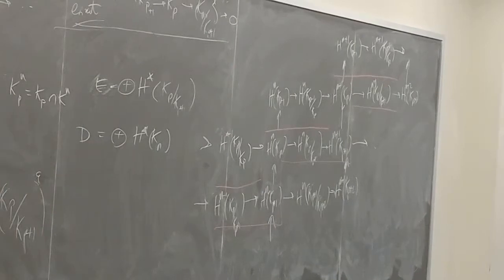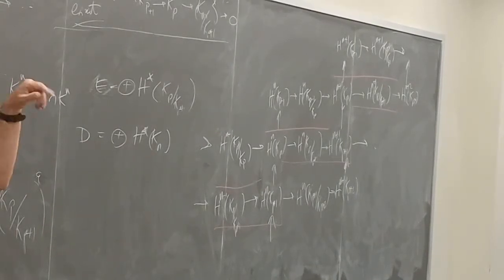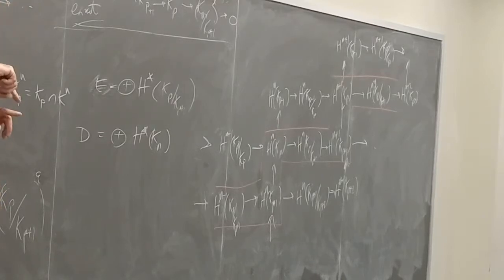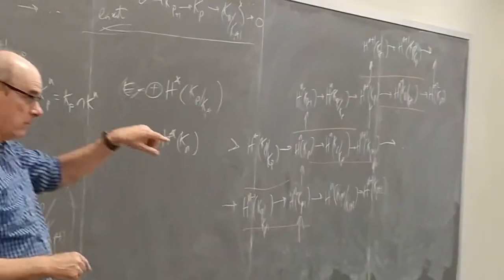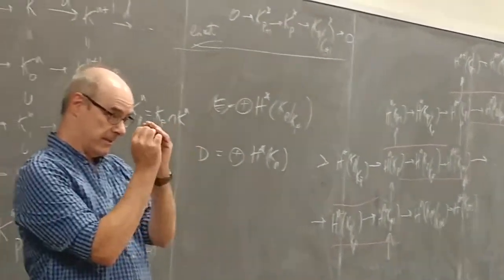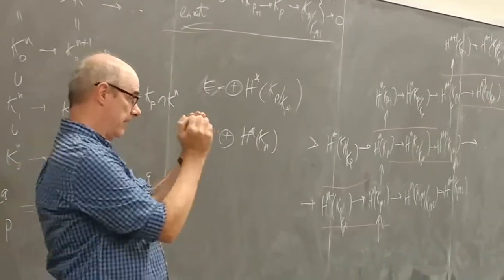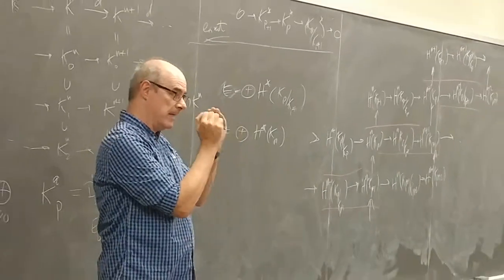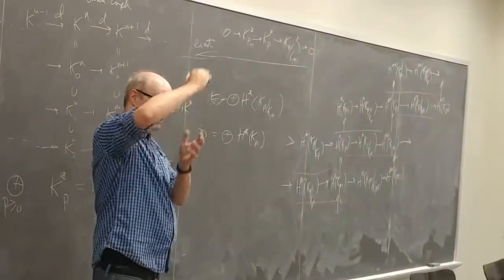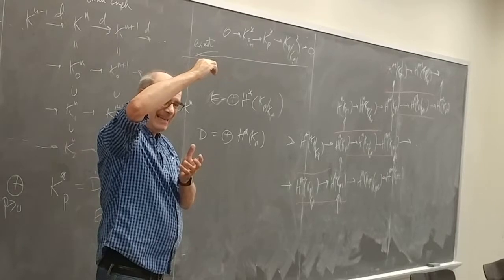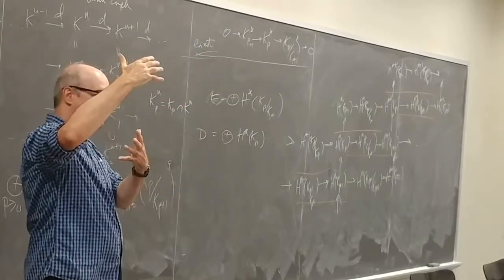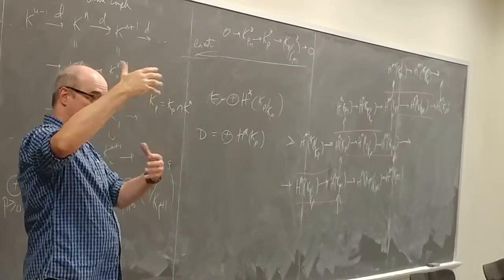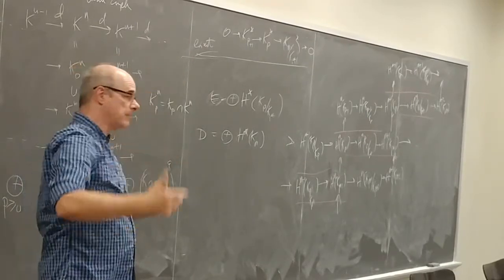So 1 out of every 3 groups belongs to the next long exact sequence, and 1 out of every 3 groups belongs to the previous long exact sequence, and every one of the long exact sequences has one term, every 3 spots, that doesn't belong to the other ones. That's maybe not a description of a general exact couple, but that's a description of the exact couple that comes out of a filtered complex.